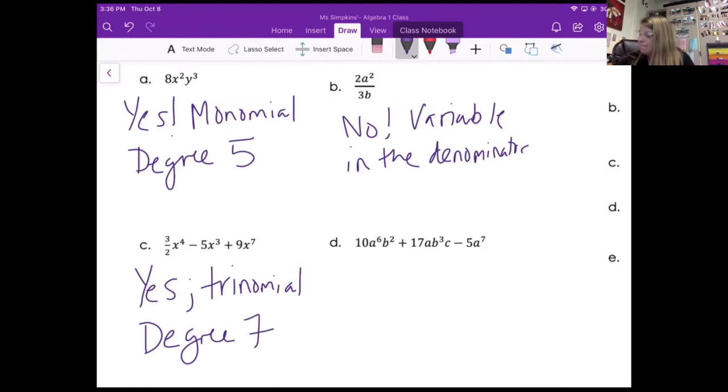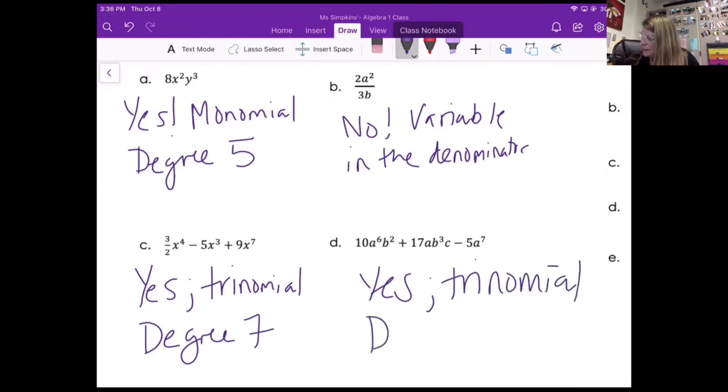Letter D. It is a polynomial. It's also a trinomial. And its highest exponent is, ooh, look carefully. It's 9. No, 8. It's 8 because here I have 2 variables. If I add those together, 6 and 2 would give me an 8. Good.